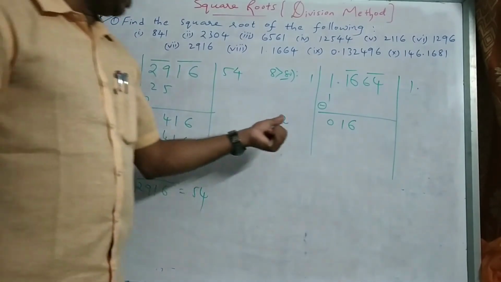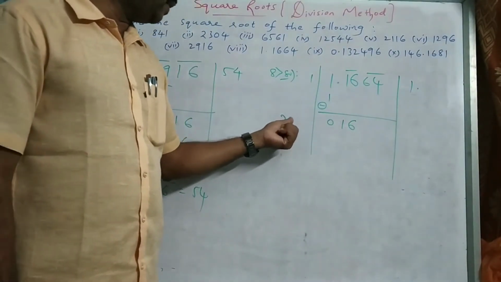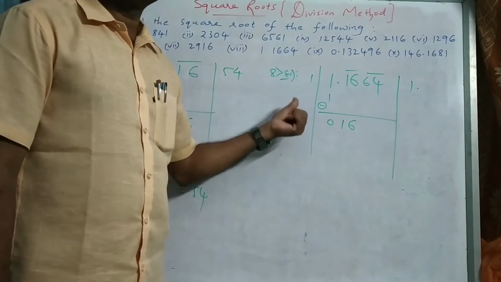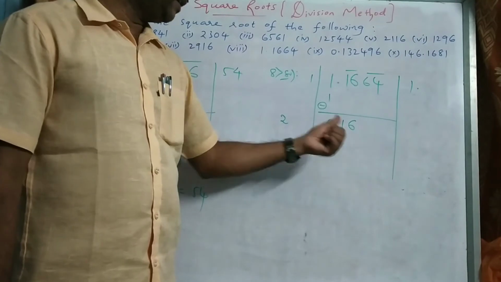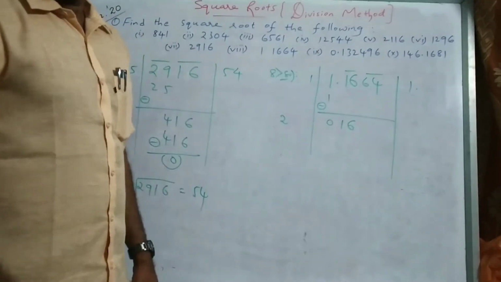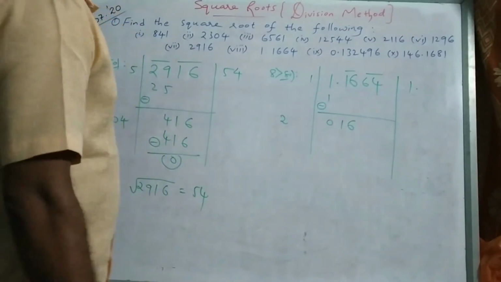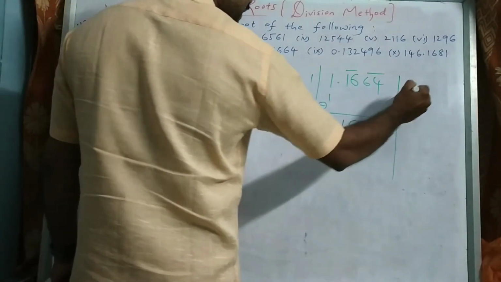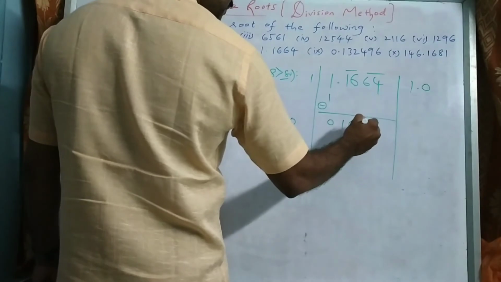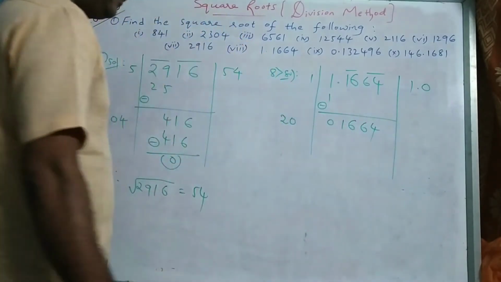Now whatever number we write here beside 2, it becomes 20, right? Suppose 21, 1 ones are 21, it is more than 16. Whatever number we write here, we will get more than 16. So I will keep 0, 0. Then we can bring one more pair down.